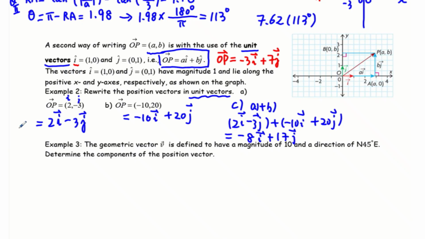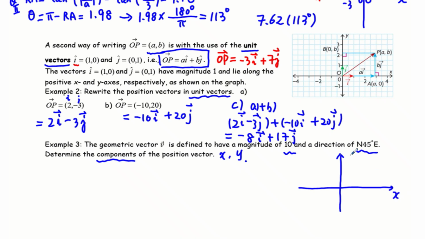So the geometric vector v is defined as magnitude 10, direction north 45 degrees east. It asks you to find the components of the position vector, so it just means you find the x component and y component. So we want to put it in the xy coordinate system.